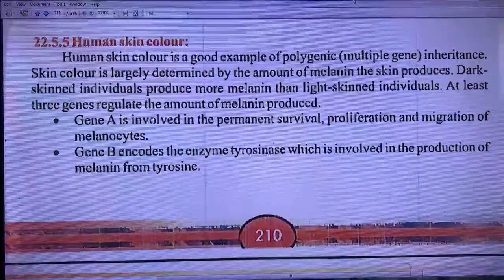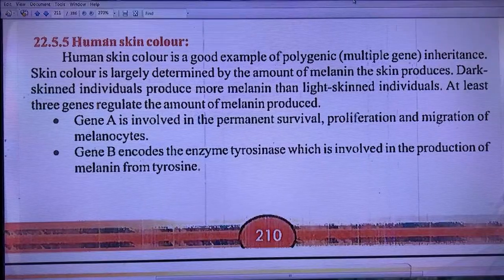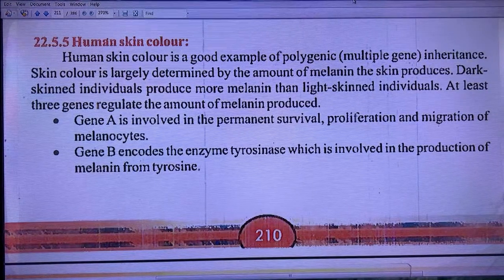Human skin color. Human skin color is a good example of polygenic, multiple gene inheritance. Skin color is largely determined by the amount of melanin the skin produces. Dark skinned individuals produce more melanin than light skinned individuals. At least three genes regulate the amount of melanin produced. Gene A is involved in the permanent survival, proliferation, and migration of melanocytes.